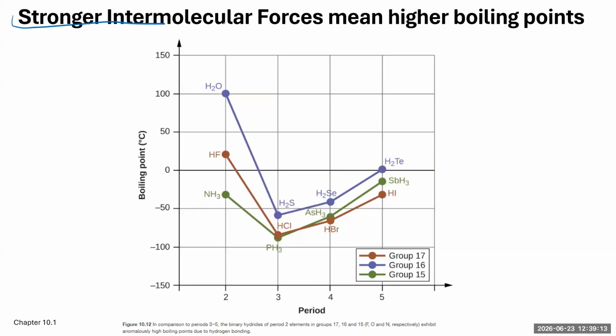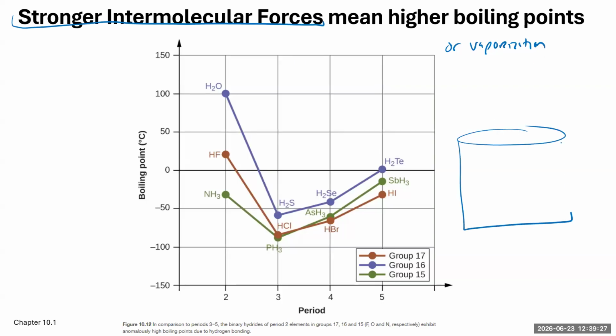Stronger intermolecular forces mean higher boiling points, right? The act of boiling or vaporization, right? Let's say we have a cup of water or a pot of water. We have these waters all bonded together.